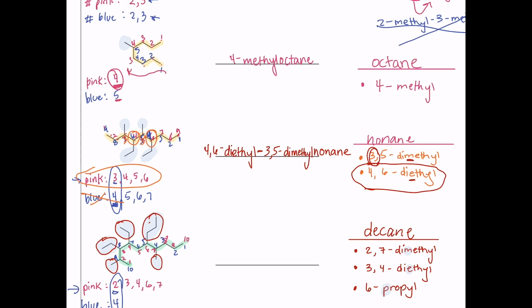Well, that would be E. Then comes M, N, O, P. So then comes M, then comes P. So it'll be 3,4-diethyl, 2,7-dimethyl, and then 6-propyl, and then decane.